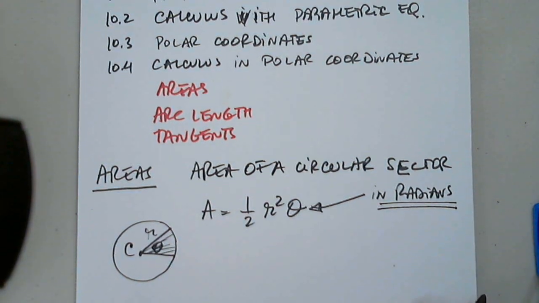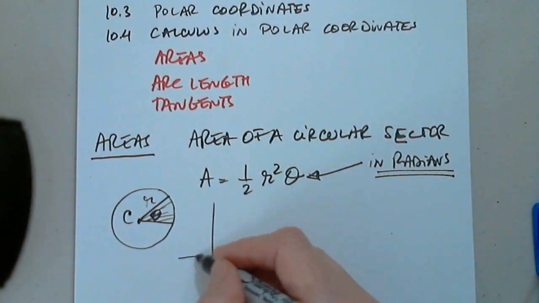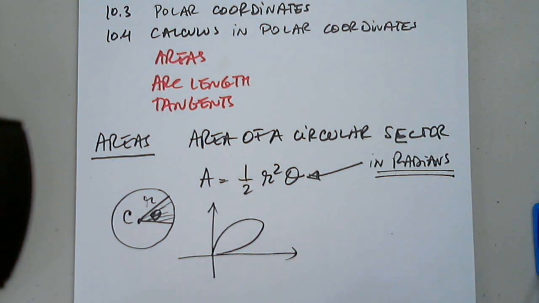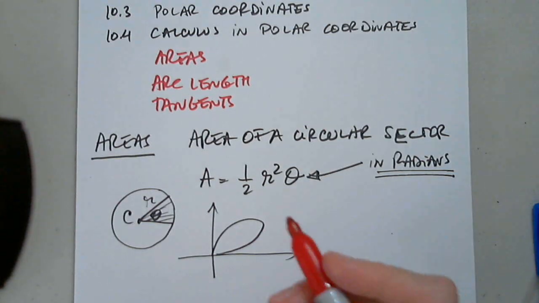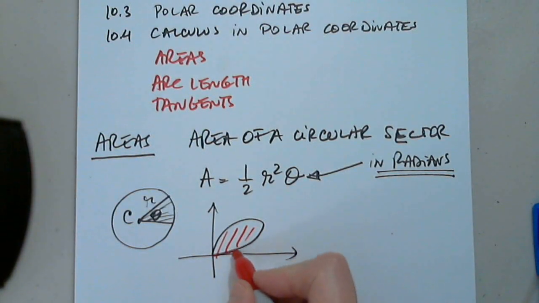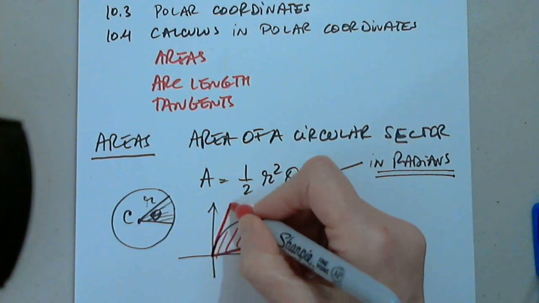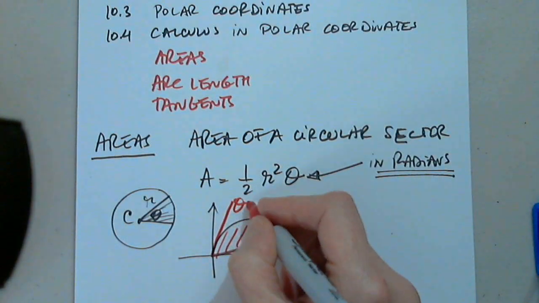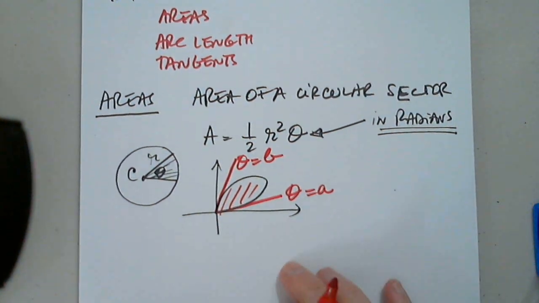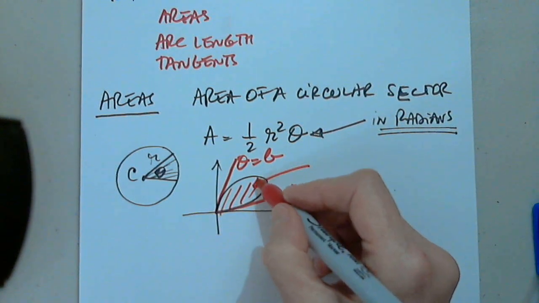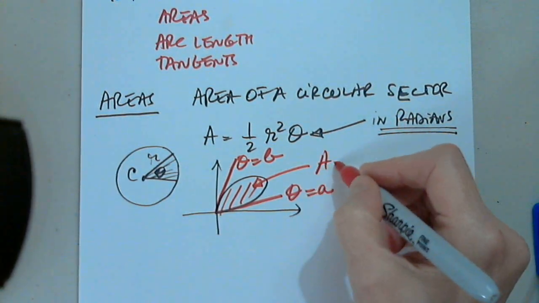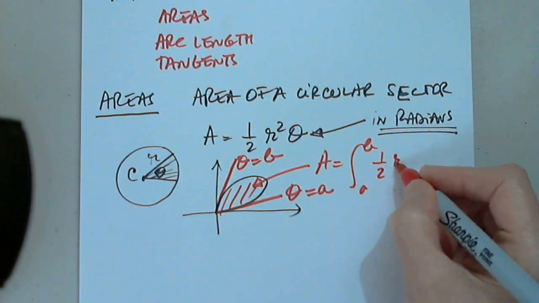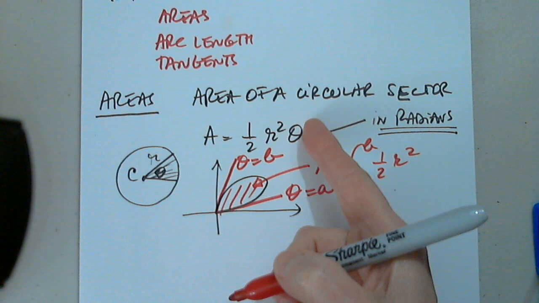Careful, not degrees. So similarly, when we want to determine the area of a curve, let's say in polar coordinates, that's what we are going to determine. We're going to determine this area, and we're going to integrate from theta equals A, whatever angle, till theta equals B. So therefore, this area will have the formula A equals the integral from A to B of 1/2 r squared d theta.